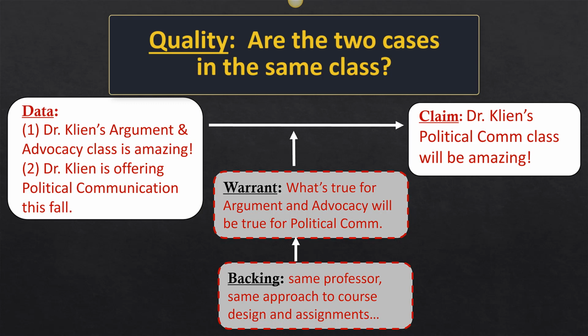On the one hand, they belong to the class of objects of University of Missouri classes that are taught in the political communication area. Argument and advocacy is in that class of classes, and political communication is in that class of classes. You might also consider a different class yet, which is the class of classes offered by Dr. Klein. And so argument and advocacy is a class that's taught by Dr. Klein, so is political communication.